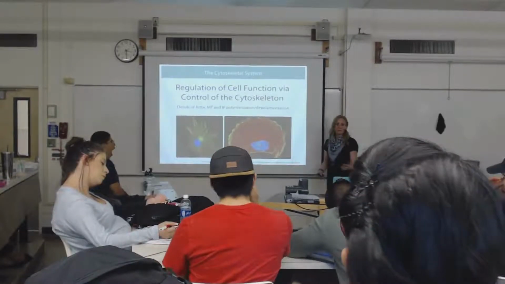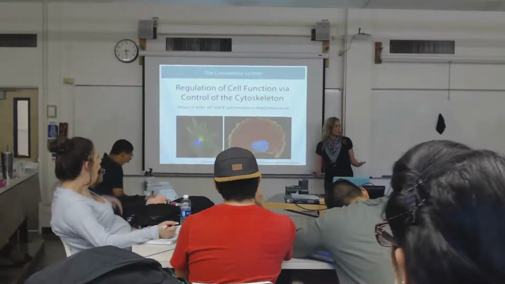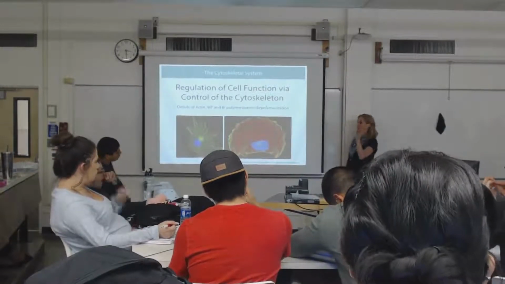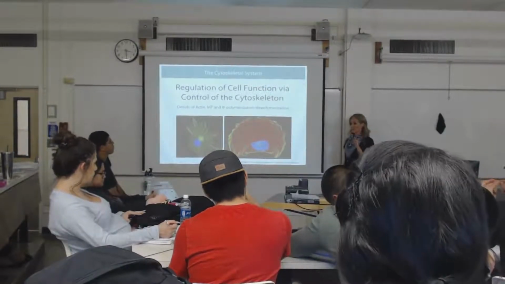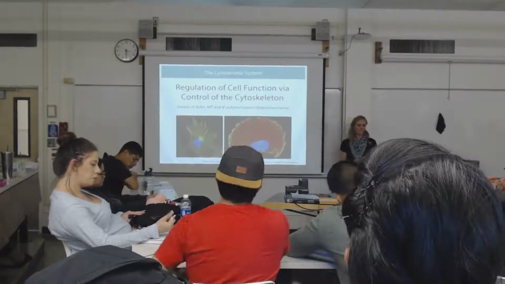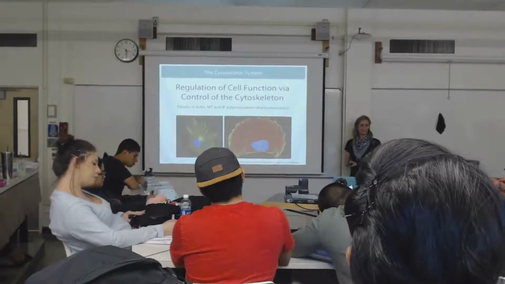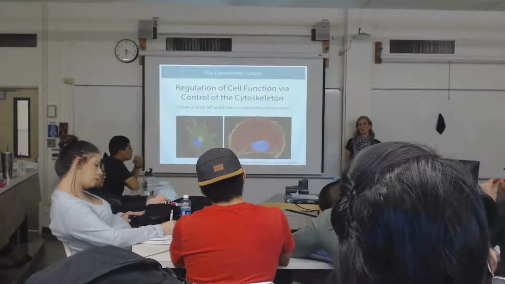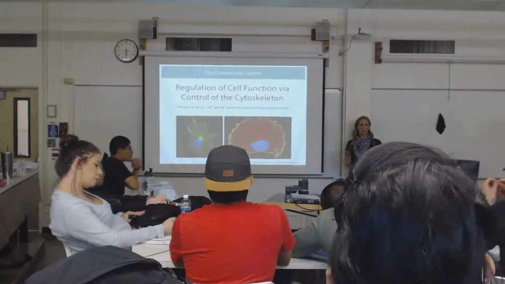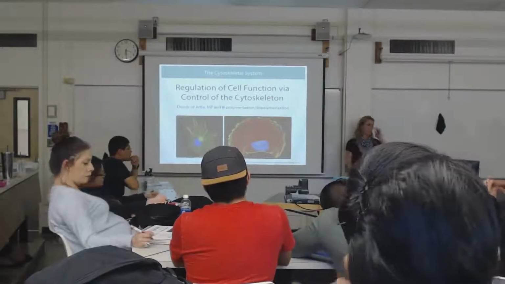Intermediate filaments always have a rope-like structure, but different proteins can make it up. There's also a specific intermediate filament that helps reinforce the structure of the sarcomere. They're all over the place.